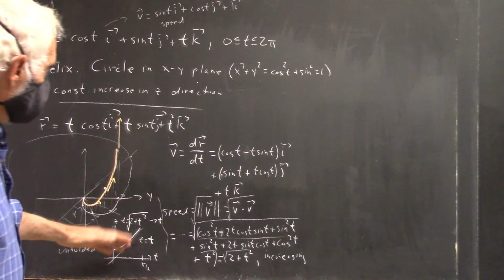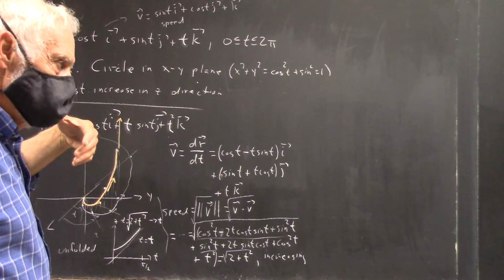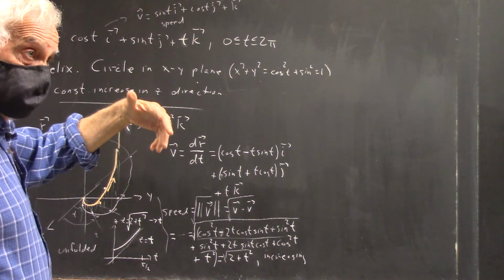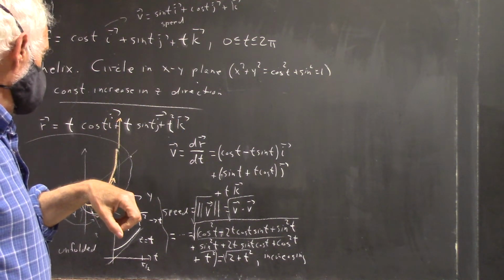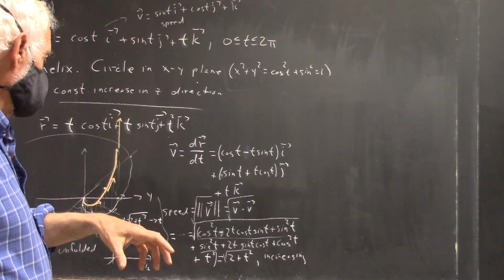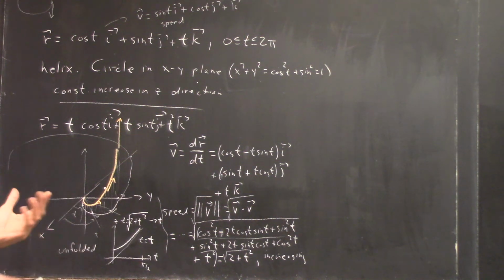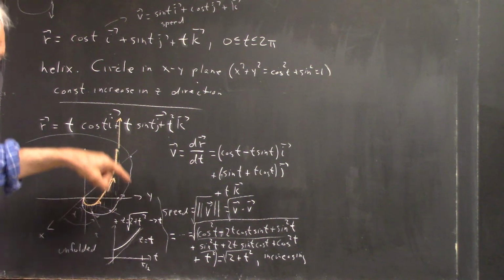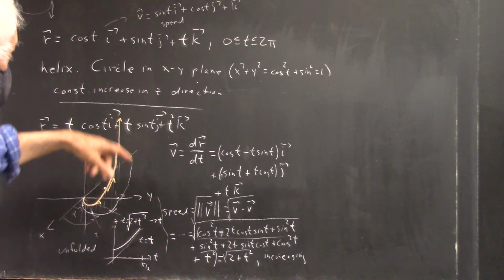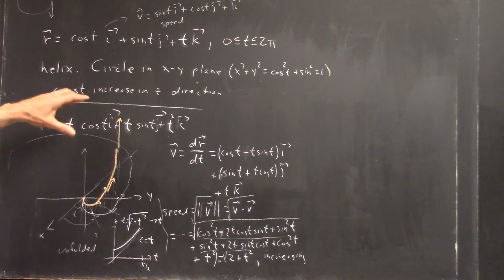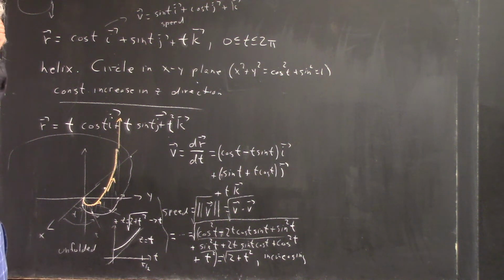And it's going to continue. So eventually it's going to become not a helix, but I'm not sure what you'd even call this, spiraling. Every revolution, if t goes on past 2 pi to many revolutions, every revolution is going to have a coil that's longer than the last one.